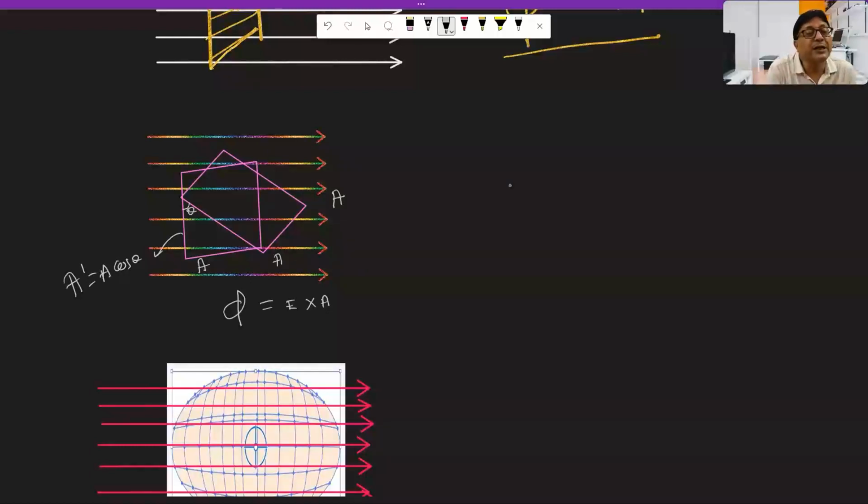So we will be considering electric flux through this surface, phi equal to A dash into E. Because A dash is the projection of this area in the perpendicular direction, it will be A dash into E. A dash means what? That is A cos theta into E.